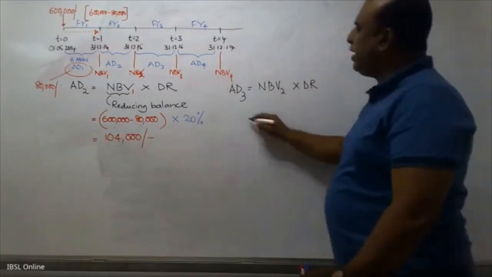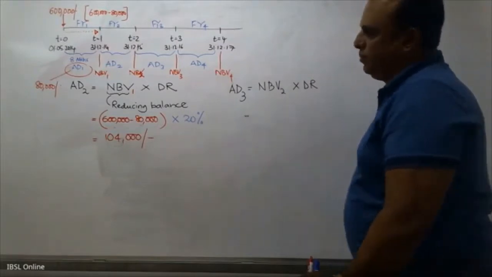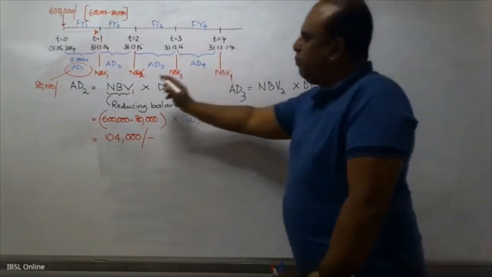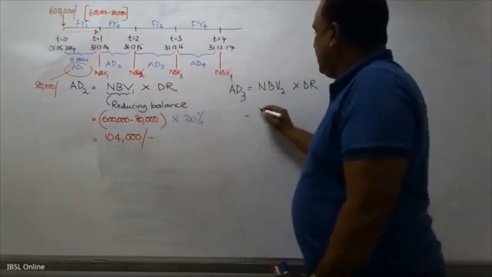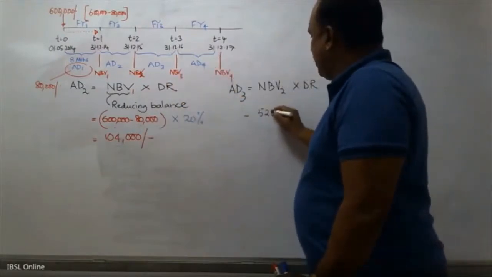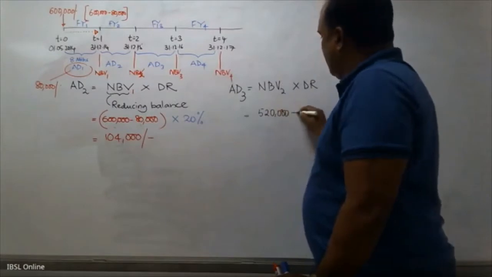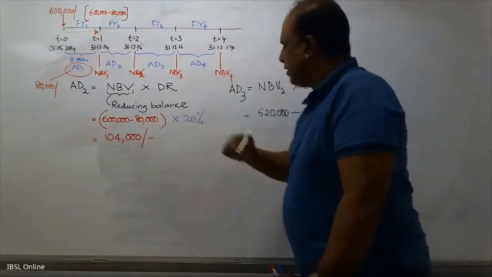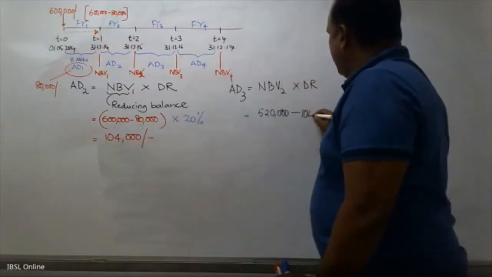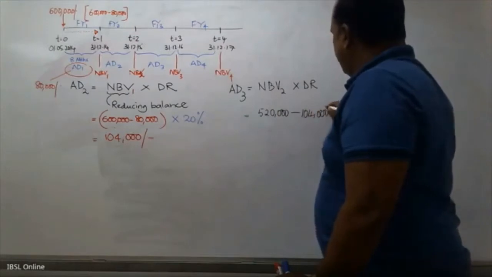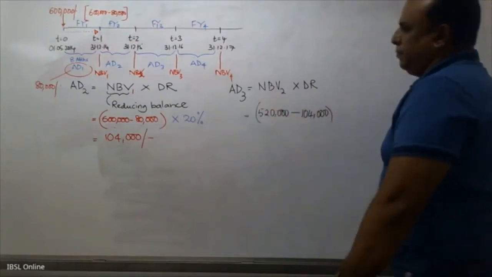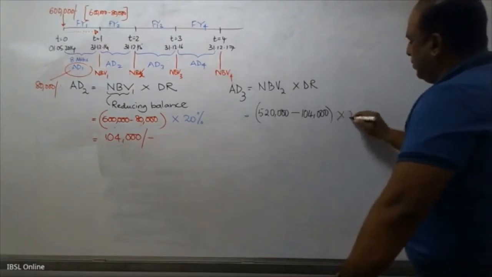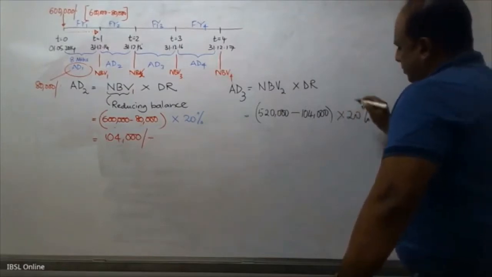So what do you mean by net book value 2? That is, net book value 1 is 520,000 minus the depreciation for the second year into 20%.